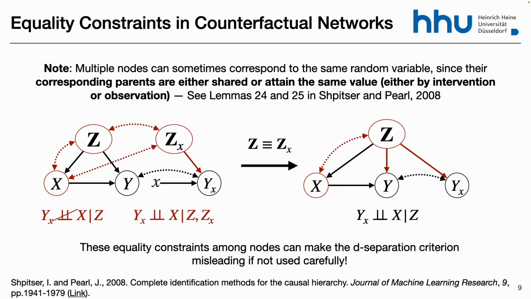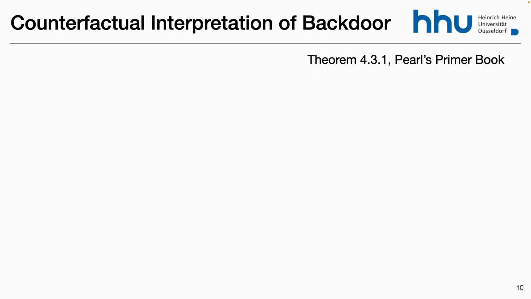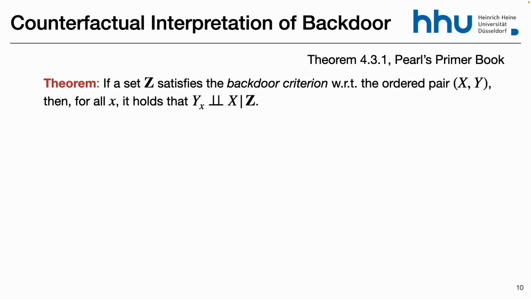Okay. And why is this interesting? Because that's just a backdoor graph, right? So this X, Y, and Z is a backdoor graph. And there is this theorem, Theorem 4.3.1 in the Primer book by Pearl, that says the following: if Z satisfies the backdoor criterion, then it always holds that Y_x is independent of X given Z. That's the graph we just saw.